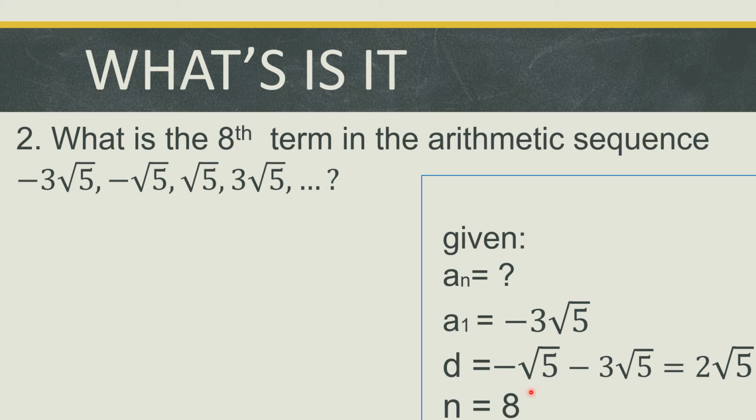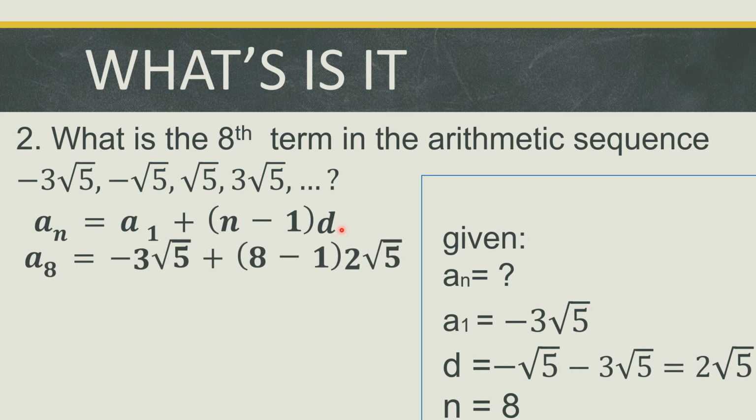And of course, the value of n is 8 because we need to find the 8th term. So since a sub n is missing, we need to use again the nth term formula, or a sub n is equal to a sub 1 plus n minus 1 times d. By simply substituting, a sub 1 is negative 3 square root of 5, n is 8, and d is 2 square root of 5.